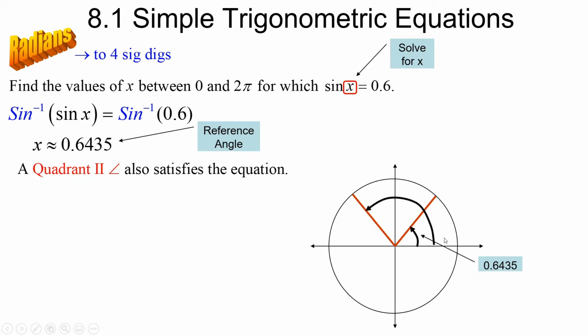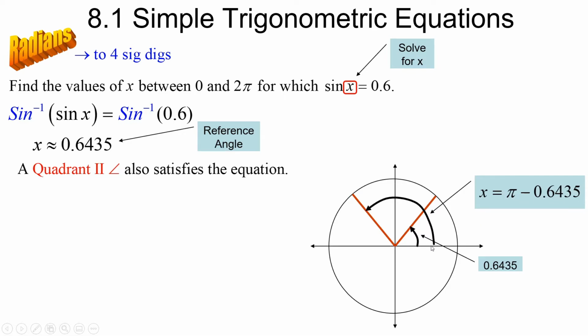Now, how are we going to get our approximation for this angle? Well, we know this acute angle is 0.6435 radians, so wouldn't this angle be pi minus that 0.6435 radians? So here it is right here. So x is going to be pi minus 0.6435.